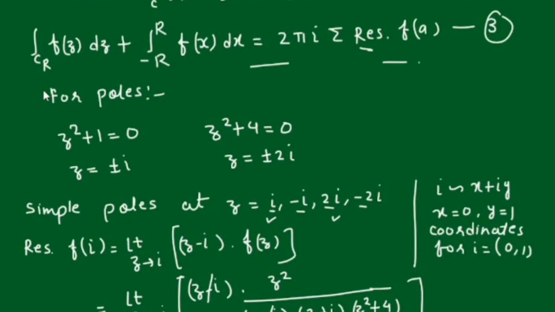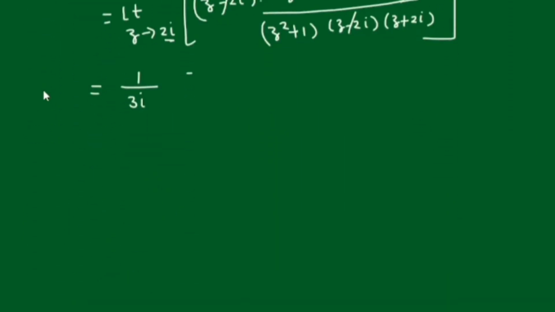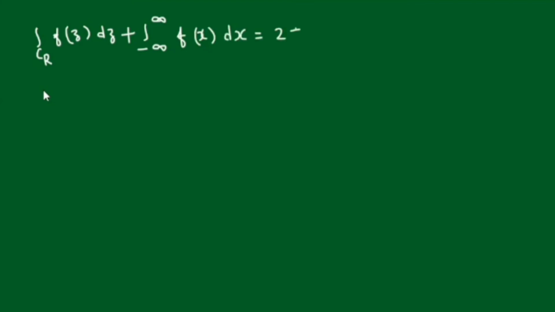In this equation number 3, then we'll get integral along CR f(z) dz plus integral from minus infinite to plus infinite f(x) dx is equal to 2 pi iota into sum of residues, that means minus 1 by 6 iota plus 1 by 3 iota.